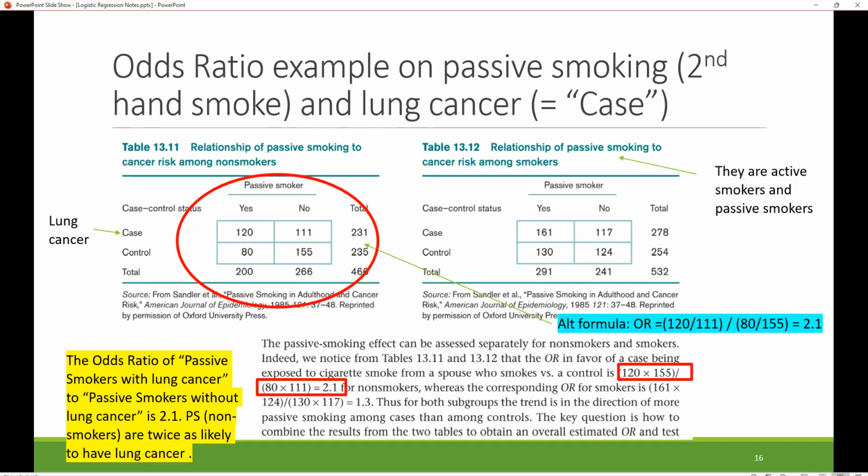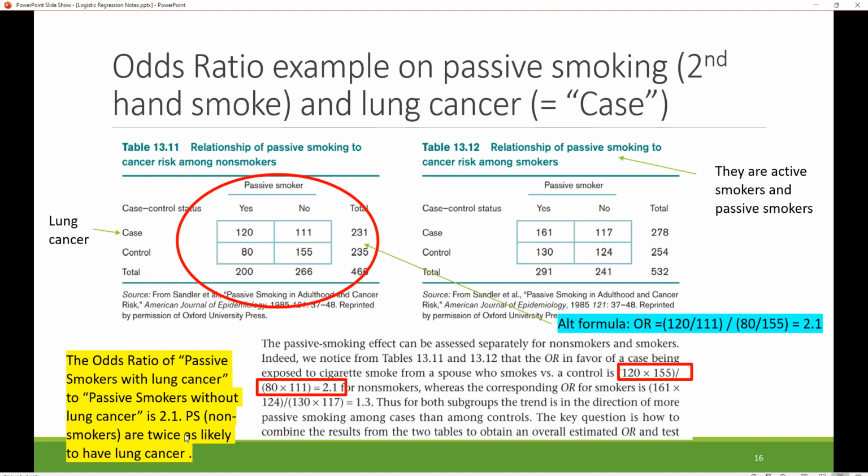And here's an example on passive smoking, which we more often refer to as secondhand smoke, and lung cancer. So in this example, the odds ratio of passive smokers with lung cancer to passive smokers without lung cancer is 2 to 1.